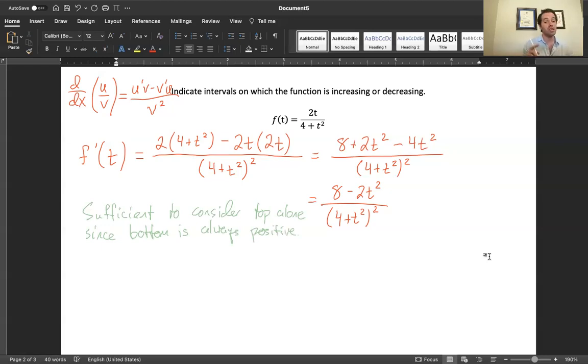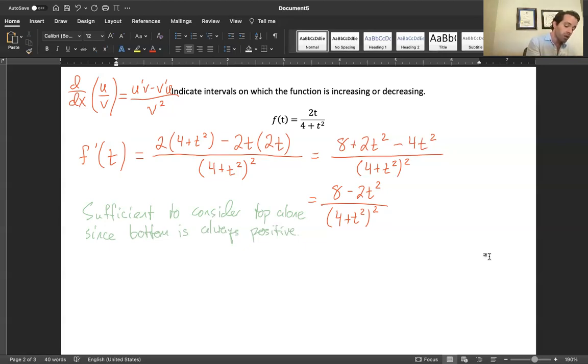The bottom doesn't even give us any domain restrictions either, because usually when there's something on the bottom of a fraction, there's the danger that you're going to end up dividing by 0. But that's not going to happen here, because 4 plus t squared can't be 0, because t squared isn't going to be a negative number as long as t is real. So the bottom can be completely ignored in terms of getting the intervals where the function is increasing or decreasing.